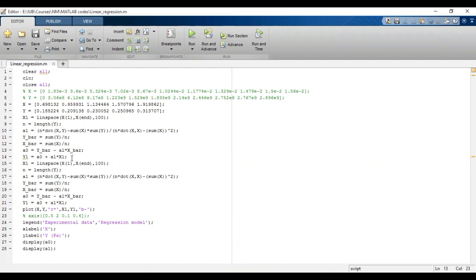This is our y1, and this is our x1. Here we will actually plot the result.